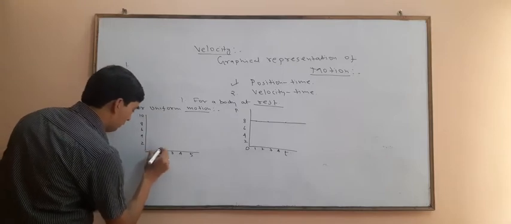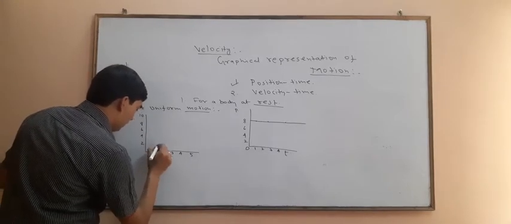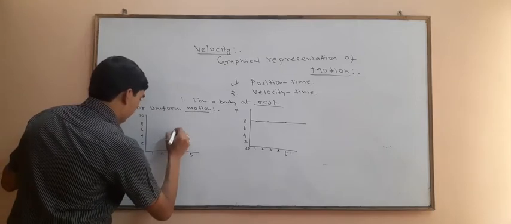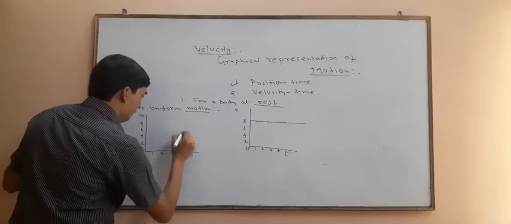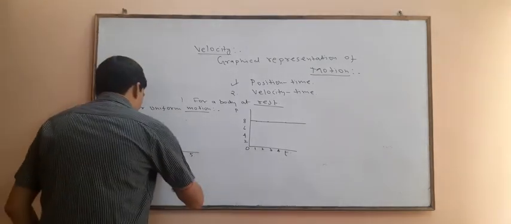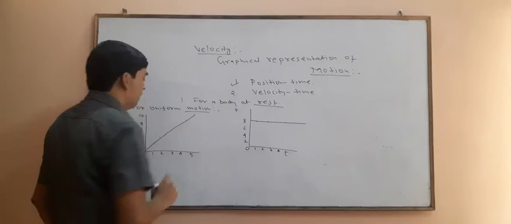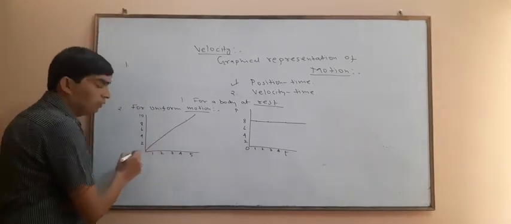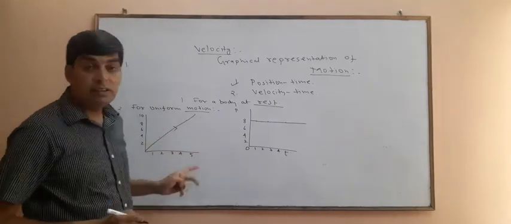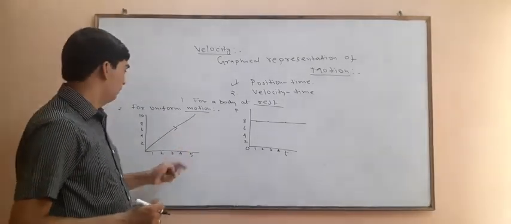After the first second the body is at 2, next is 4, third is 6, fourth is 8, next is 10. So if you plot a graph from the origin, it will be a straight line inclined to the axis, which concludes that the body is in uniform motion.